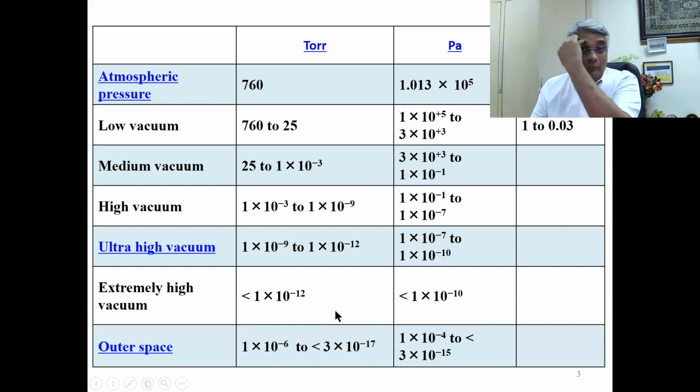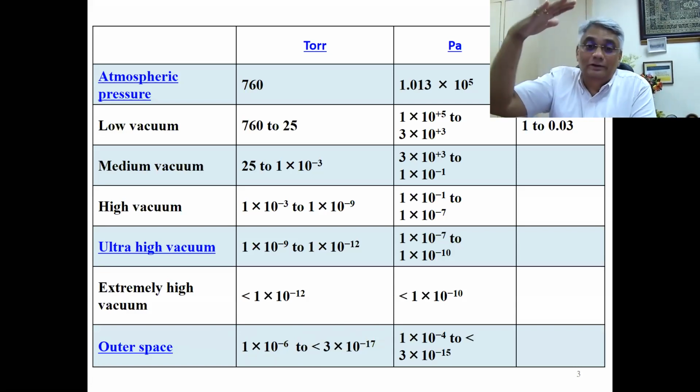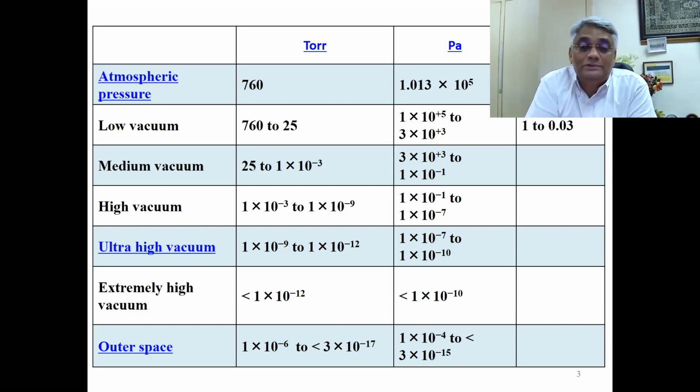Of course, the moment you reach 100 kilometers above the Earth, the atmospheric pressure drops to about 0.03 pascals or so.